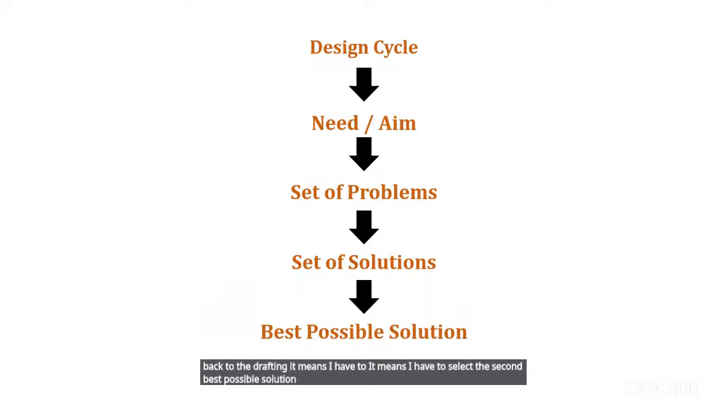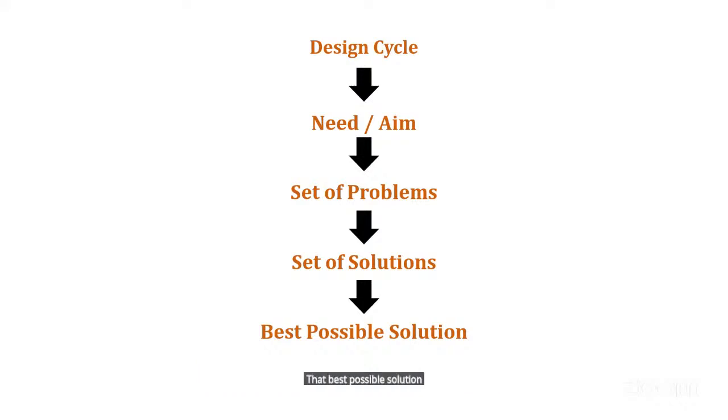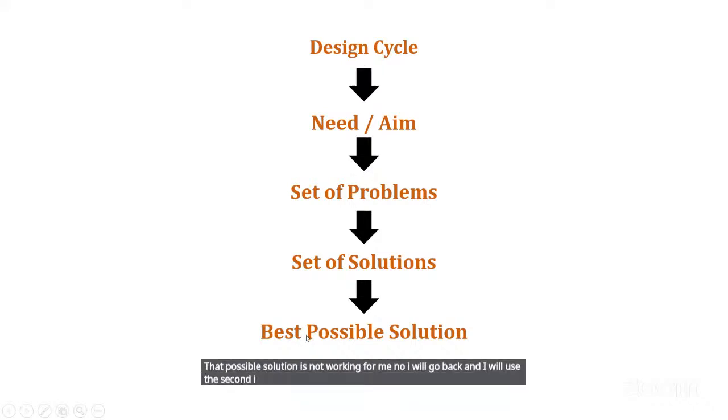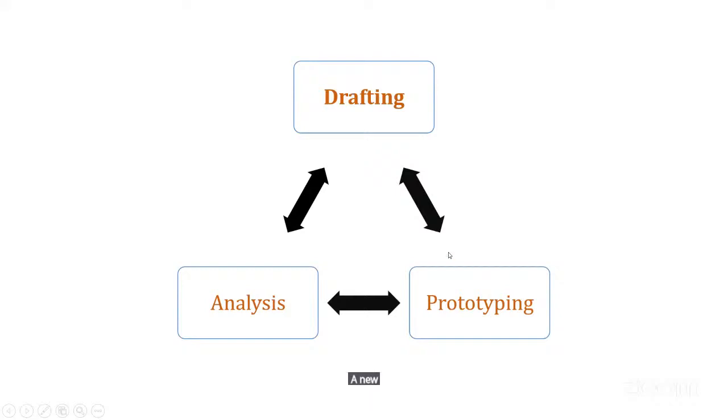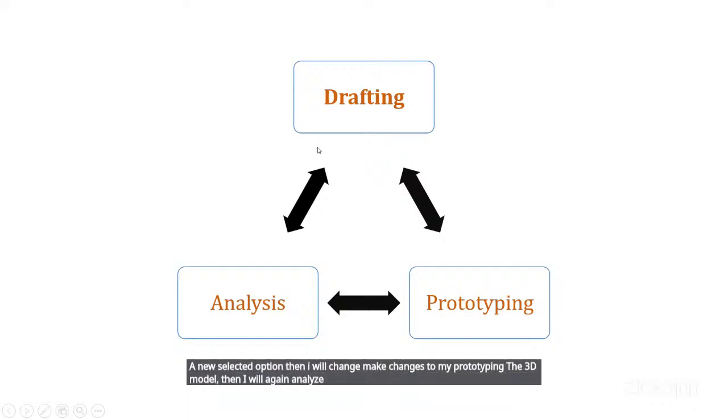Whatever best possible solution I had selected, if it is not working for me, then I will go back and select the second best possible solution. Then what will I do? I will again make changes to my plan as per the newly selected option. Then I will make changes to my prototype, the 3D model. Then I will again analyze, up to the point where I get the desired result. This whole process will go on until I get the desired result.